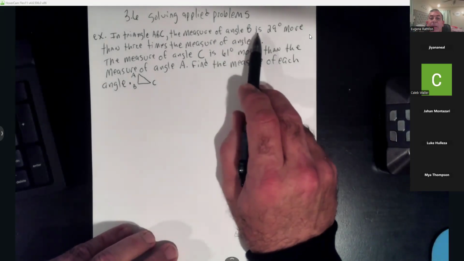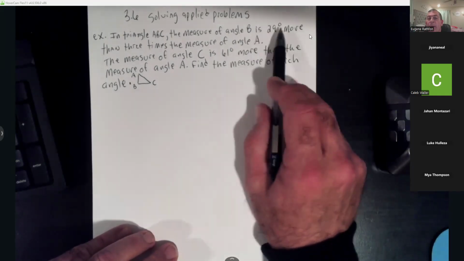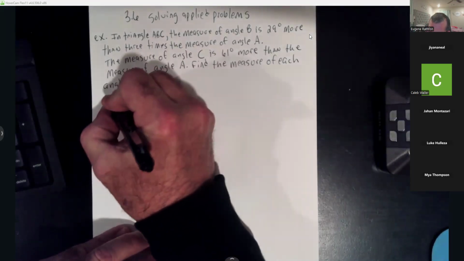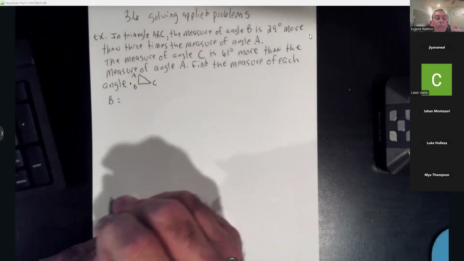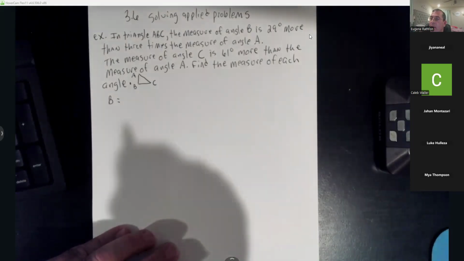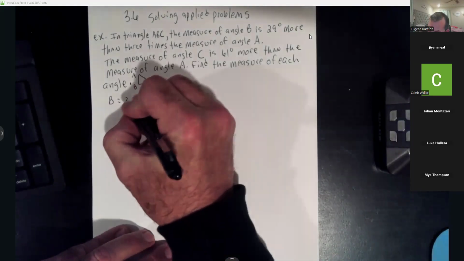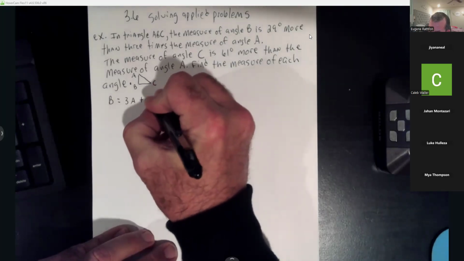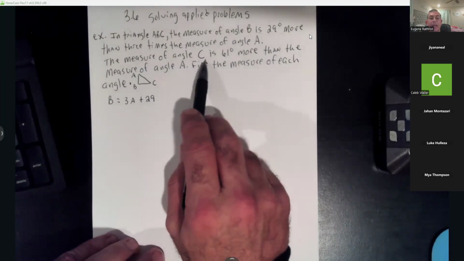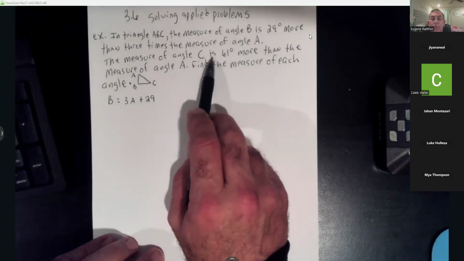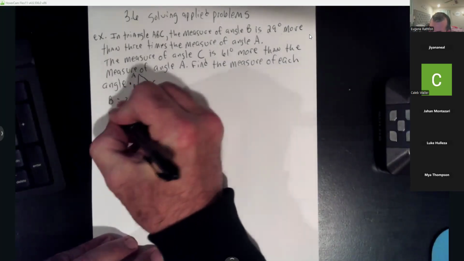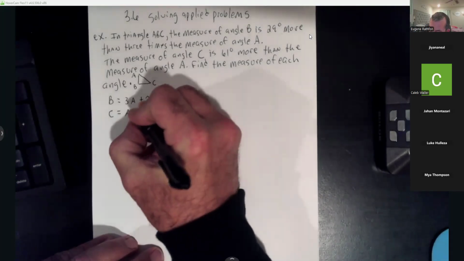This one says B equals 29 more than 3 times the measure of A. So that would be B equals, you can either do 29 plus 3A or 3A plus 29, either way. Okay, that's what we're getting out of the first sentence. The second sentence says that angle C equals 61 more than A. So that would be C equals A plus 61.